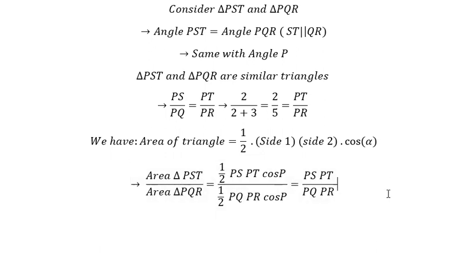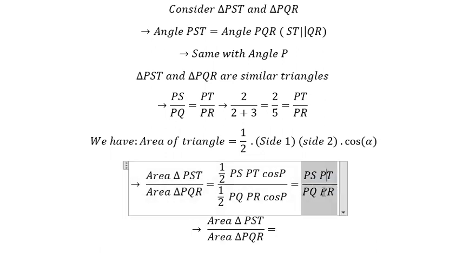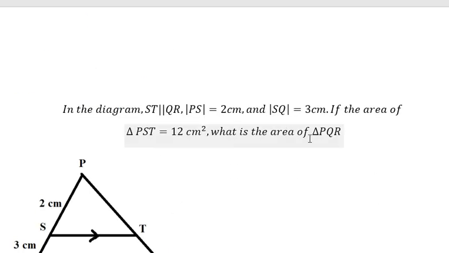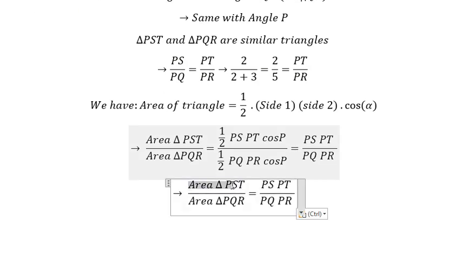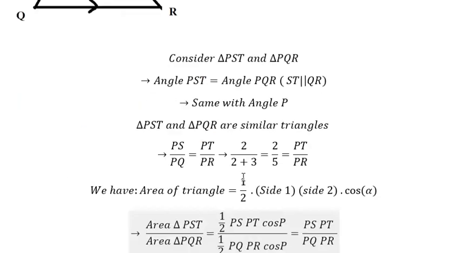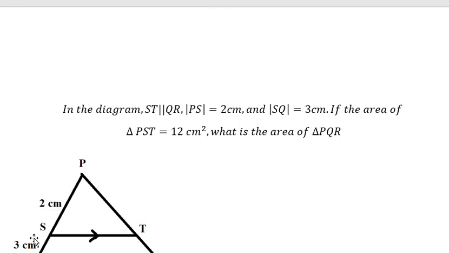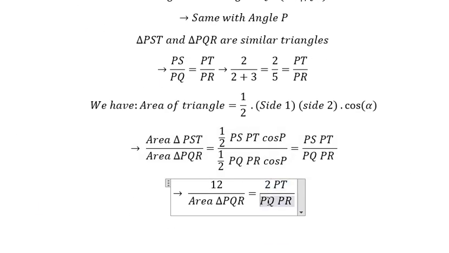Next, this one we have the value that is 12 square centimeters. So we put number 12 in here. BH is number 2. BQ is 2 plus 3. And we know BT over BR is 2 over 5.